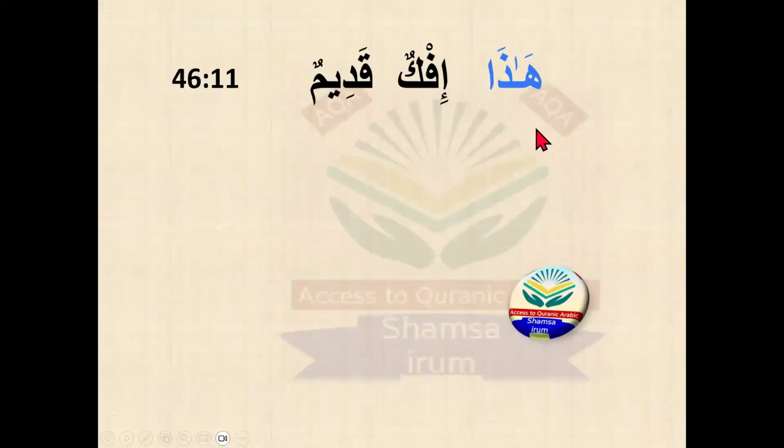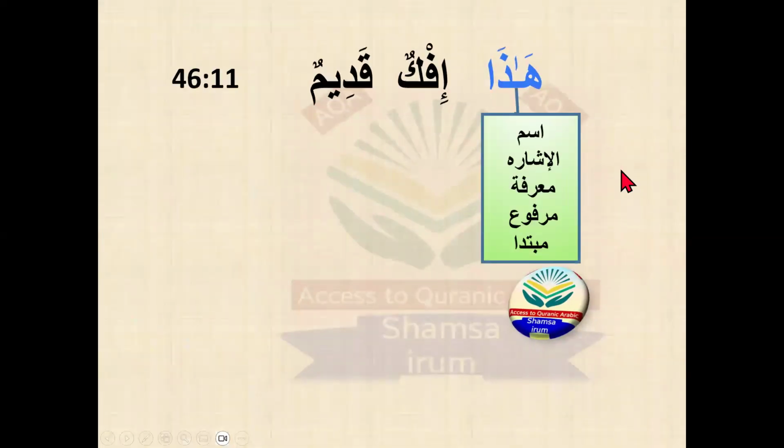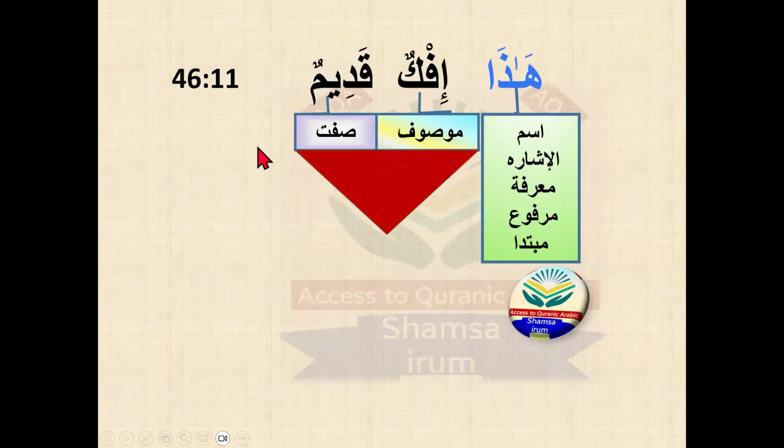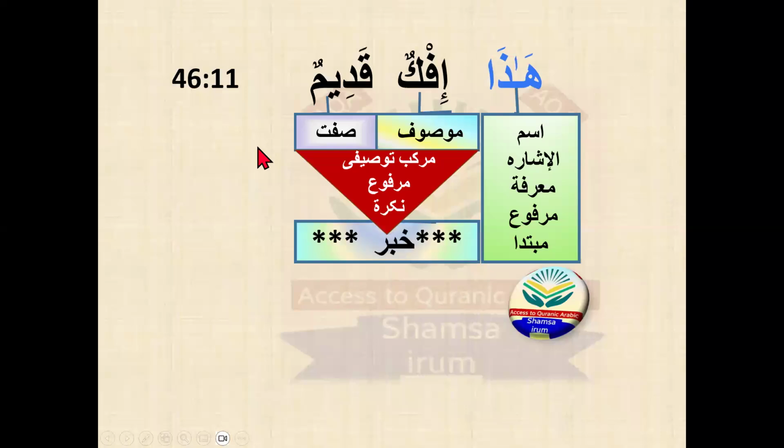Okay. Next one is father. Again, the same thing is coming again and again. Ifkun is mawsuf, qadimun is sifa. And qadim, look, is on the wazn of fa'il, like azim, qadim. Mawsuf and sifa make a murakkab tawsifi, marfu, nakira, and it is at the place of khabar.